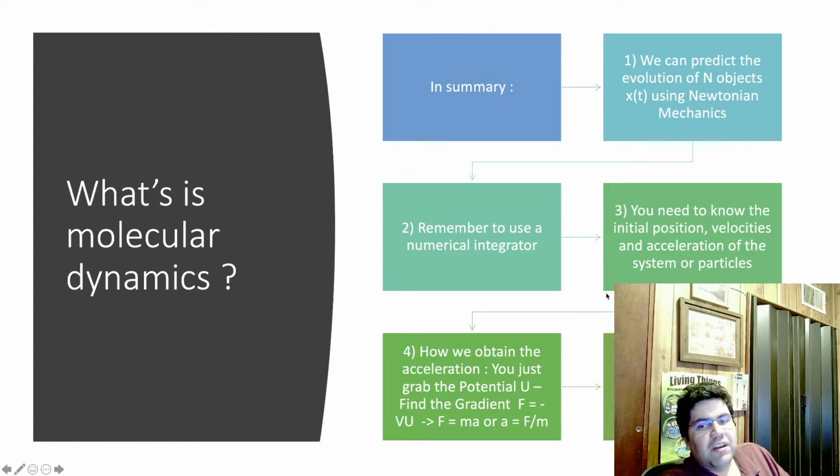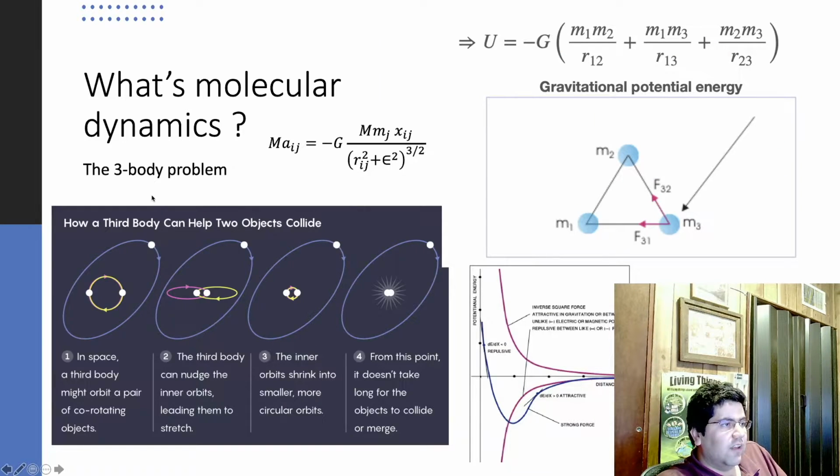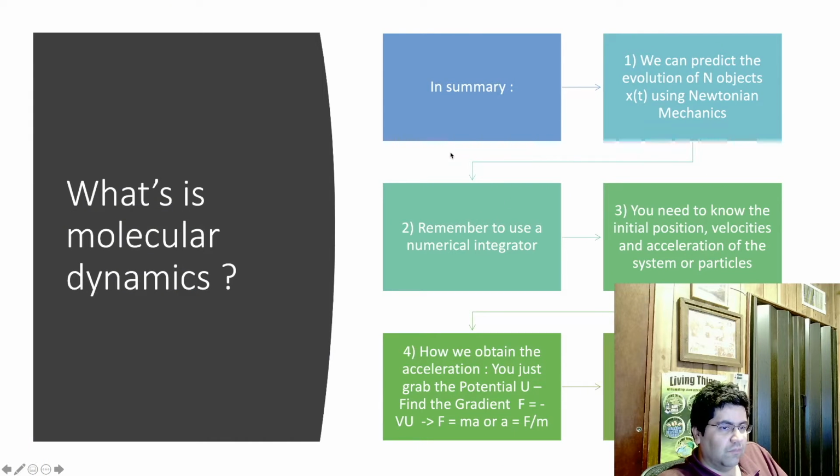Then we can predict how the system is gonna behave. And if you remember, we also did an example, the three-body problem, and this is a way to define the interaction. Okay, and we went into discussing that if we have the potential energy of the system, we can find a force interaction by finding the gradient.